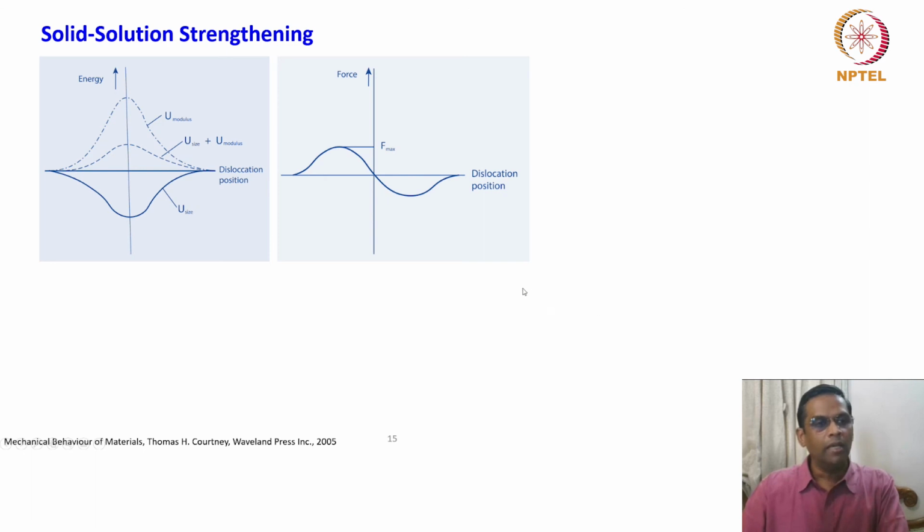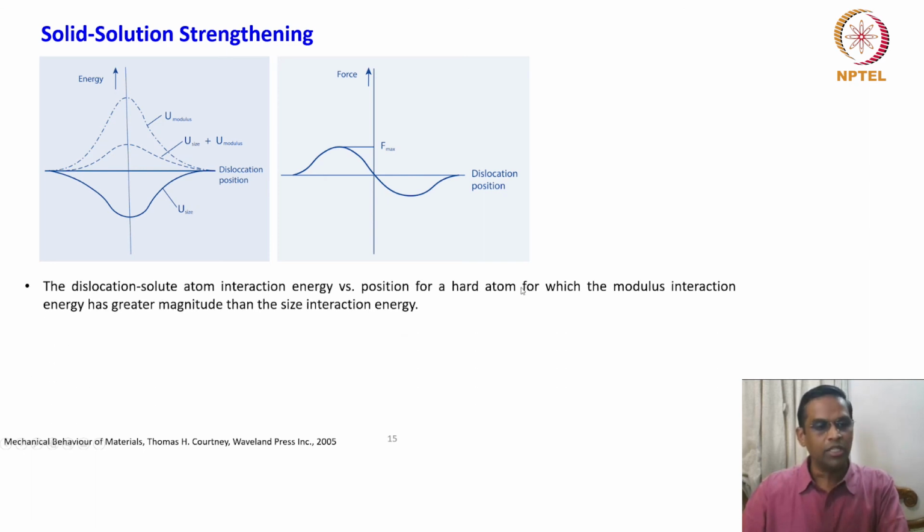So we will compare a similar situation, that is the dislocation solute atom interaction energy versus position for a hard atom for which the modulus interaction energy has greater magnitude than the size interaction energy. Earlier we looked at a moderate modulus interaction energy.